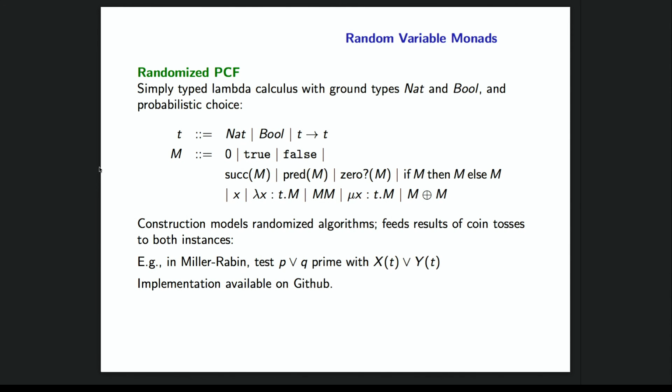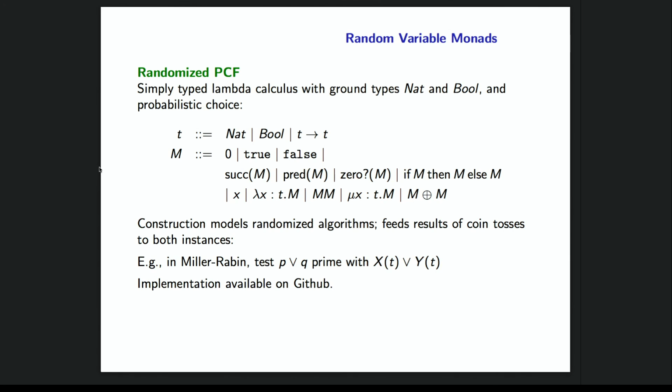His construction actually allows you to model randomized algorithms. It's interesting because it feeds the outcome of the random tosses to both processes. So for example, if X is testing whether a number P is prime, and Y is testing, say, some other prime Q, and you want to know whether P or Q is prime, then you feed the same random choices to X and Y to test whether P or Q is prime.